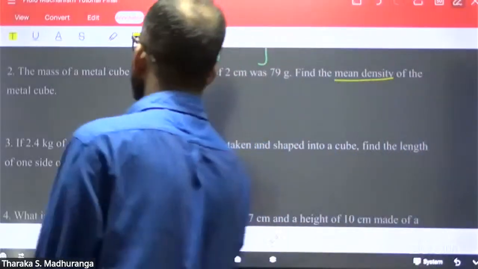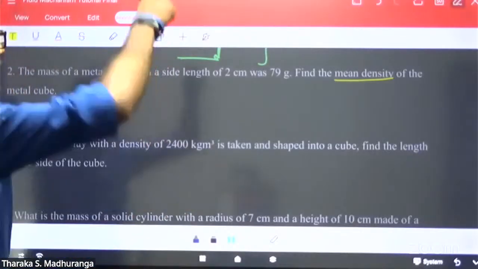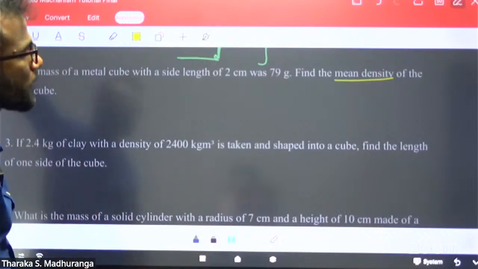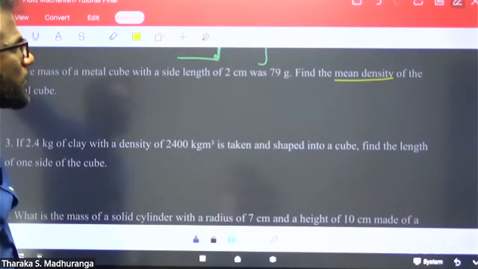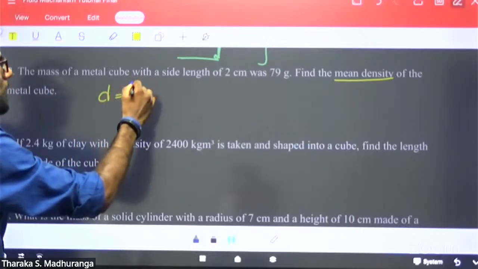The mass of the metal cube with the side length 2 centimeter was 79 gram. Find the mean density of the metal cube. Okay, what is the density? The density is D equal mass over volume.